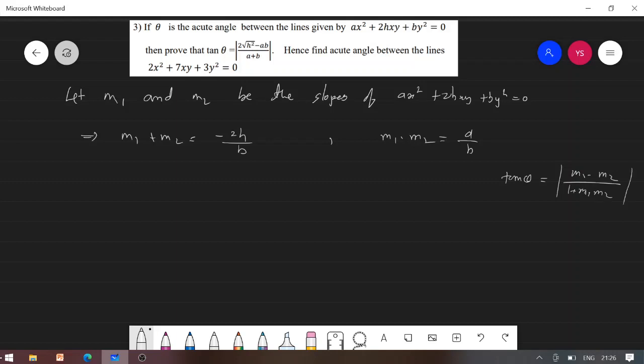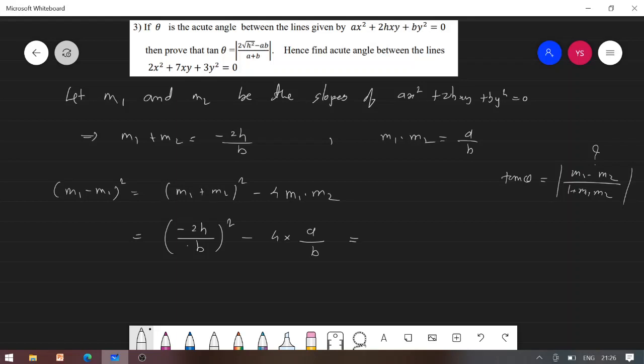So now we find the value of m1 minus m2. So m1 minus m2 the whole square is given by m1 plus m2 the whole square minus 4 times m1 into m2. So let us replace m1 plus m2 by its value: minus 2h divided by b the whole square, while m1 into m2 is a by b.